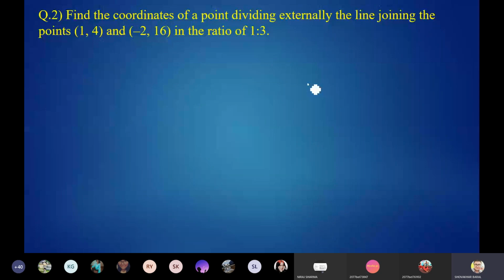Please write the question and draw this figure. A 1, 4 and B minus 2, 16. The question is asking you to find the point such that the external ratio is 1:3.